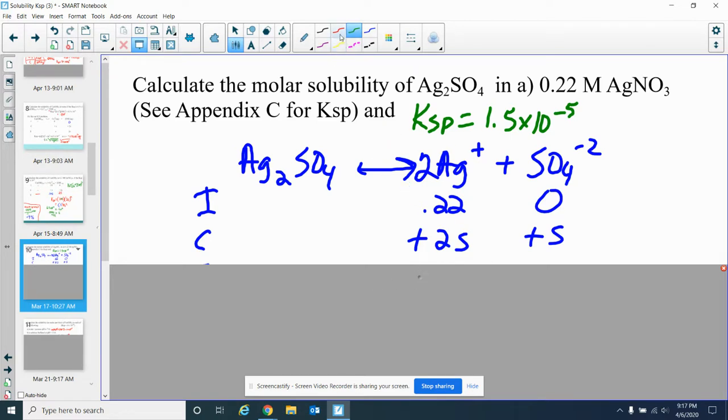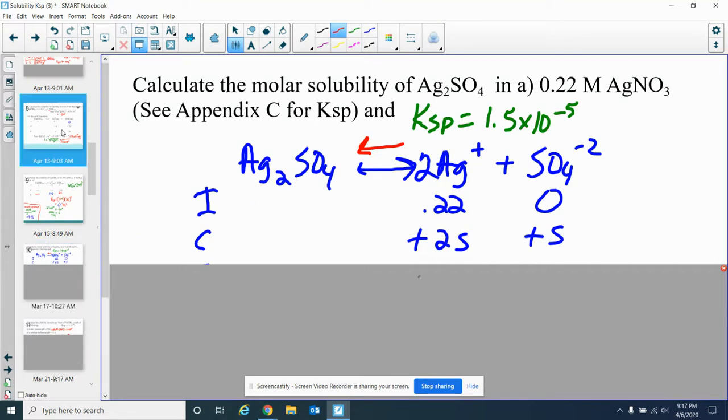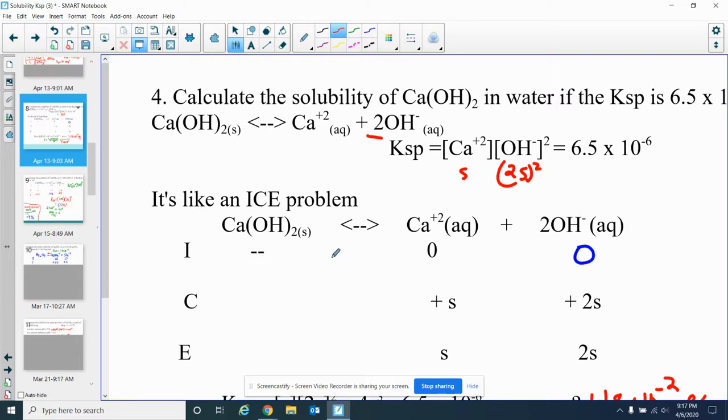And also, just a side note, since we already have silver in solution, this will be less soluble. It's going to shift the equilibrium that way when we already have some silver in there, common ion effect. Same thing for the previous one. When we calculated the solubility of calcium hydroxide in water, what did we get?